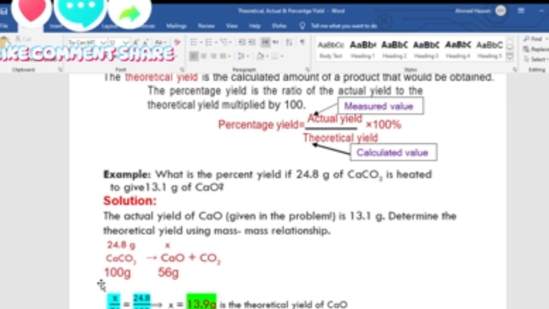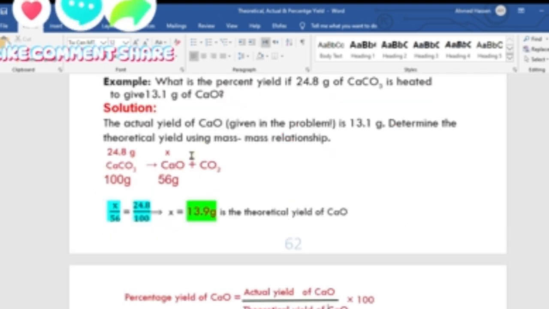Therefore, set up the proportion like this: X over 56 is equal to 24.8 over 100, and X is equal to 13.9 grams. It is the theoretical yield of the calcium oxide. Therefore, what I'm going to do is percentage yield.